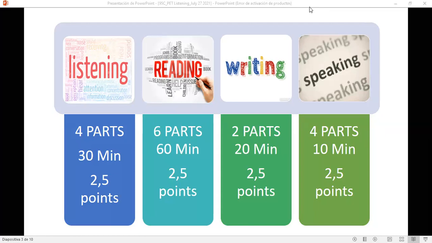But for students, for example, in your case, let's say that you are just in 2nd level or 2nd semester of your career, and you complete the 5 levels of English, and you want to take the exam, the proficiency test.